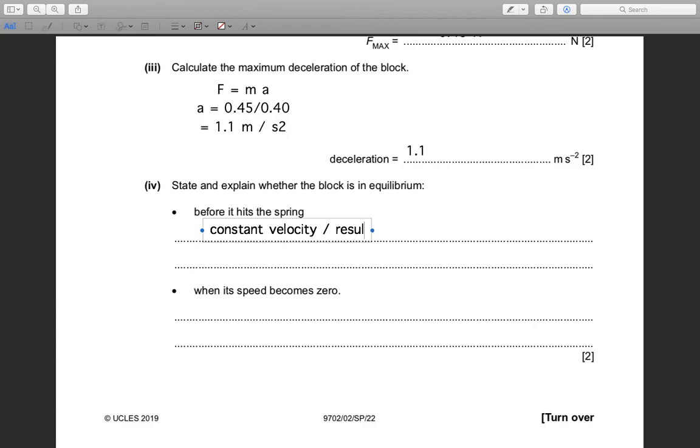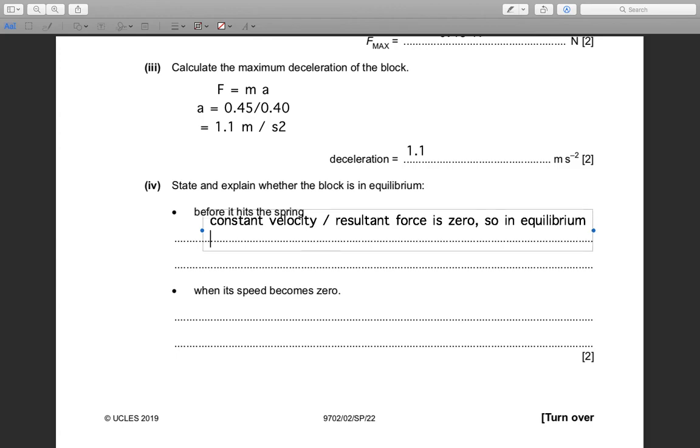Because the resultant force is zero, so it is in equilibrium. This is what we call Newton's first law. If the resultant force is zero, it means constant velocity or at rest.